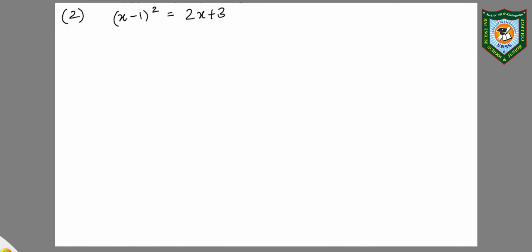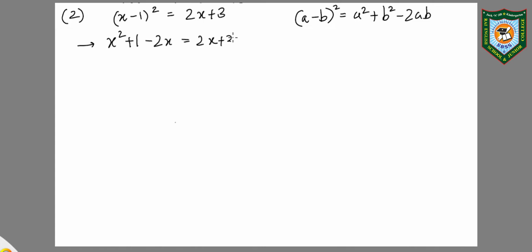So first I need to expand the bracket on left hand side. As we all know, a minus b whole square is equals to a square plus b square minus 2ab. So here I have x minus 1 whole square, so I get x square plus 1 minus 2x is equals to 2x plus 3.